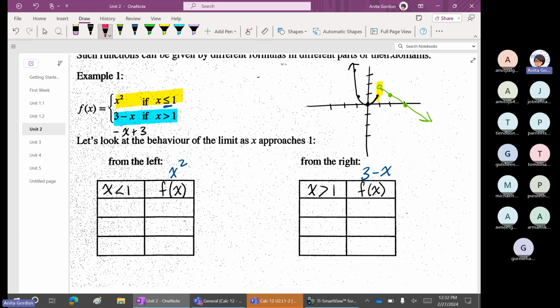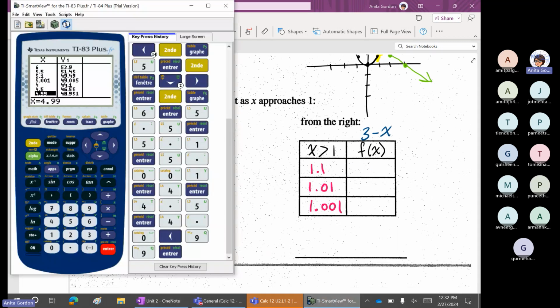So let us approach from the left: 0.9, 0.99, 0.999. And then from the right: 1.1, 1.01, 1.001. Okay, so I'm just going to check this in my calculator.